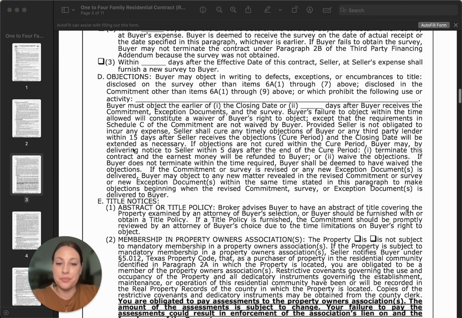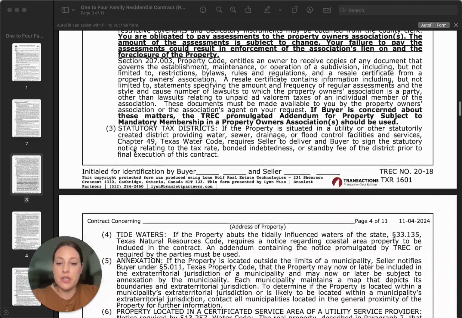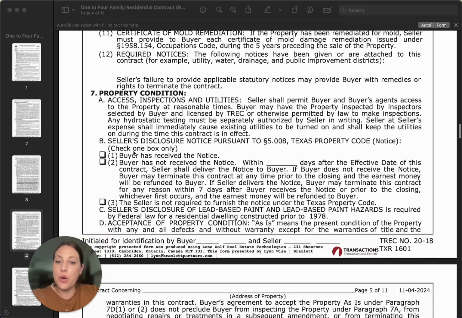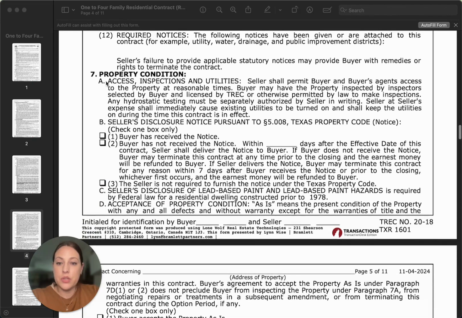And we will skip all the way down to property condition here, because this trips up a lot of people. So you've got to be given access to the property. Utilities need to be on so that the buyer can do their due diligence through the contract period. So that is all spelled out here.